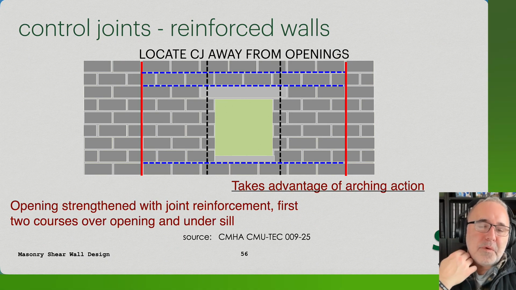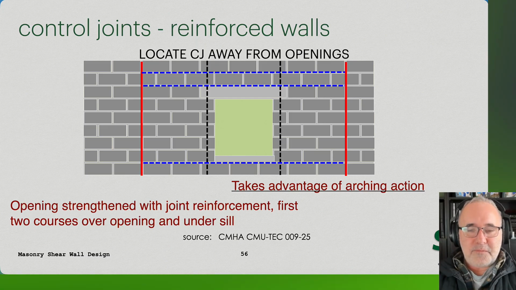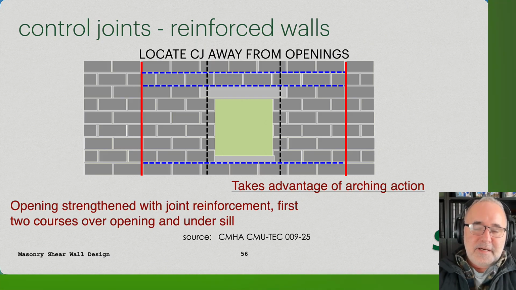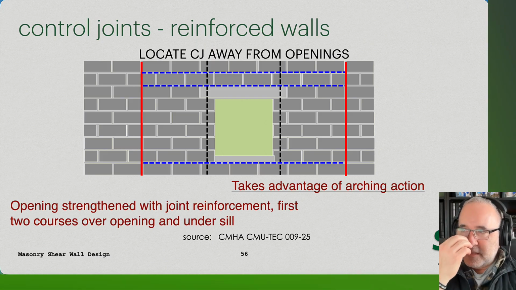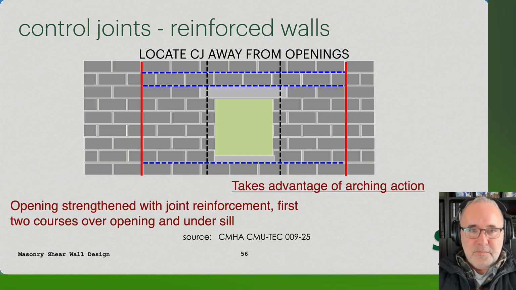Most of our structural walls have reinforcement in their designs. And so once we have reinforcement, the CMHA Tech Guide 9-25 has some really good discussion and illustrations of movement joint locations. So moving them away from the openings is going to be a lot better for the overall performance of the design.